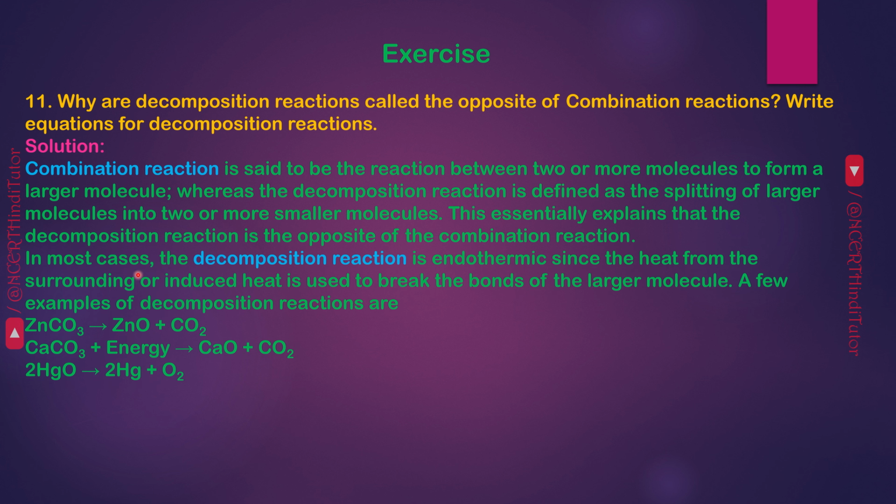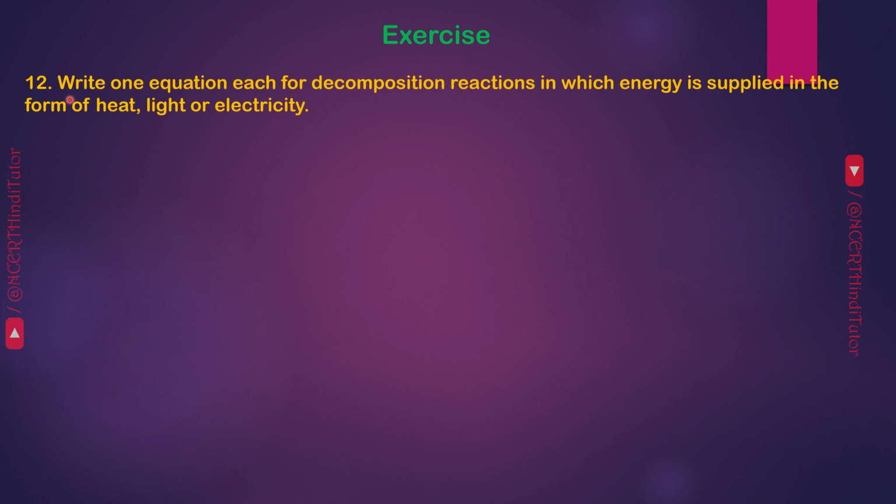In most cases, the decomposition reaction is endothermic since the heat from the surroundings or induced heat is used to break the bonds of the larger molecule. A few examples of decomposition reactions are: ZnCO3 gives ZnO plus CO2, CaCO3 plus energy gives CaO plus CO2, 2HgO gives 2Hg plus O2.